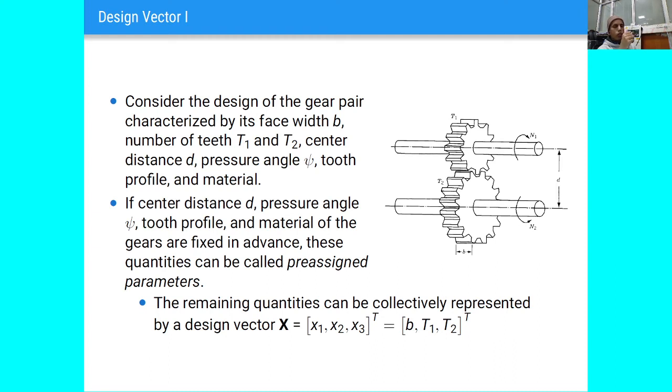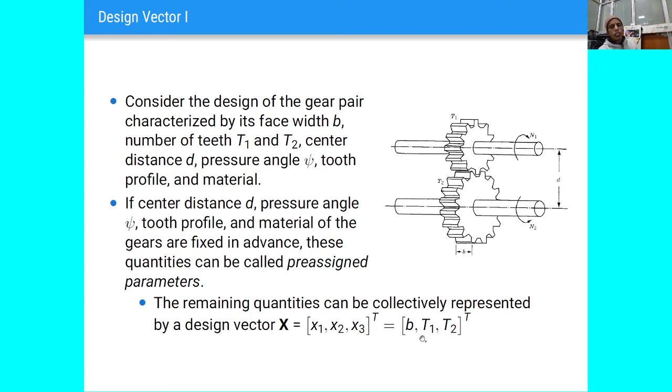In any production unit producing gear pairs for such an arrangement, we fix these parameters, and the varying variables are B, T1, T2.